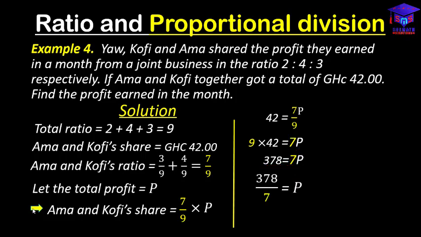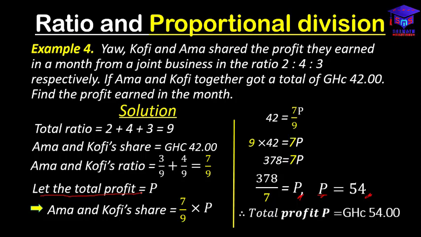So now we have P being equal to 378 over 7. And if you simplify that, we're going to get P to be 54. But what did we say P is? We said P is the total profit, which the question is asking for. So therefore, the total profit P is equal to 54 Ghana cedis. In fact, this is a typical NTC question.